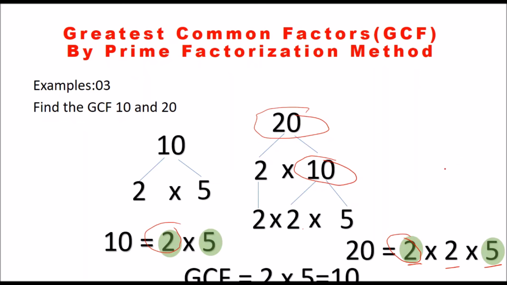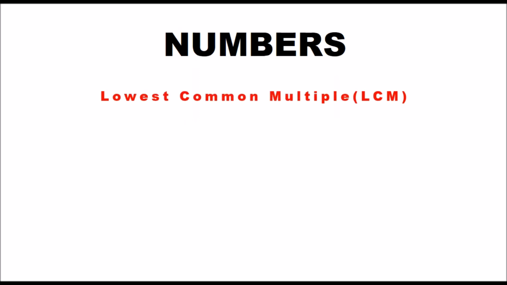Let's see another thing: the lowest common multiple, LCM. Let's start with what a multiple is. We know that 2 times 2 gives us 4.